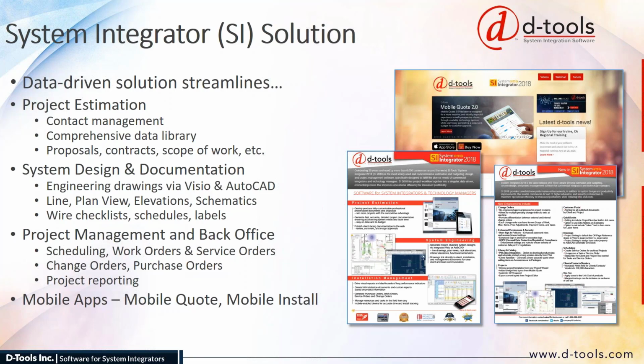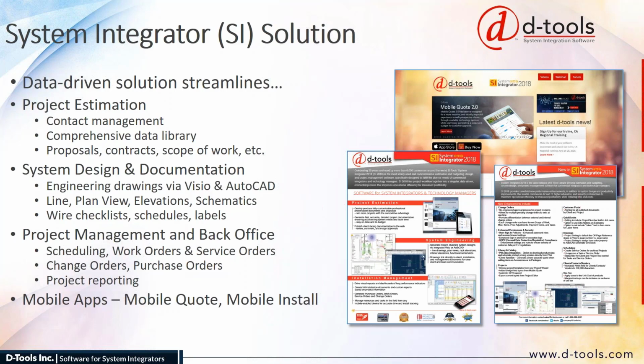For those of you who may not be completely familiar with what we do, SI 2018 is an application that really helps streamline your business processes, primarily around your projects. So being able to dynamically generate project proposals, tie those project documentation and proposals to engineering drawings integrated through Visio and AutoCAD, and then utilizing that same information that's in the bill of materials to be able to manage the project through to completion.